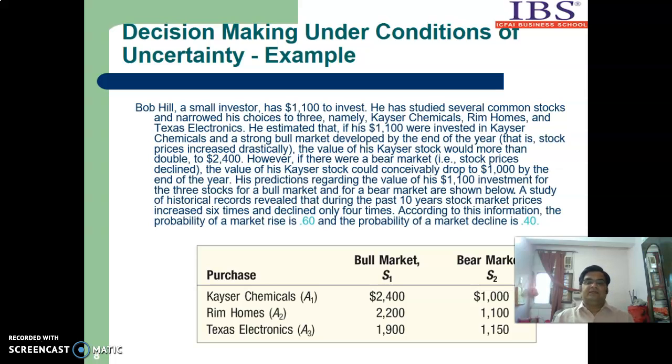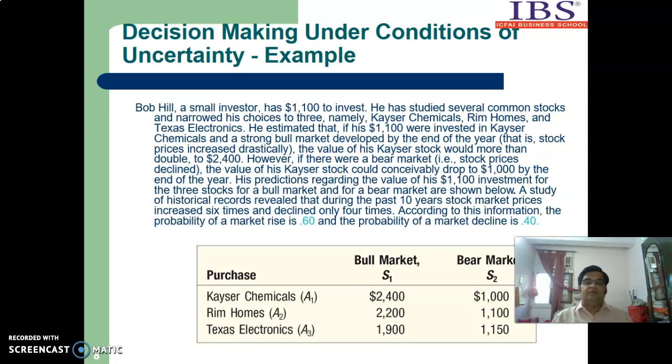According to the information given, the probability of a market rise, that is bullish market, is 60%, and the probability of market decline, called bearish, is 40%. So these are all the information.